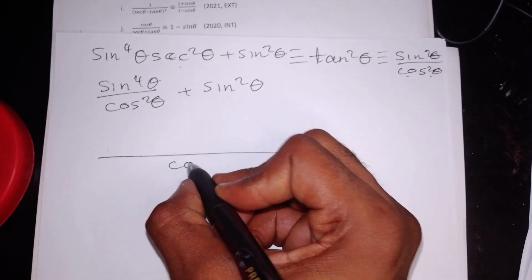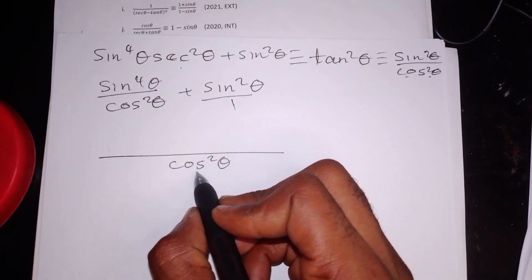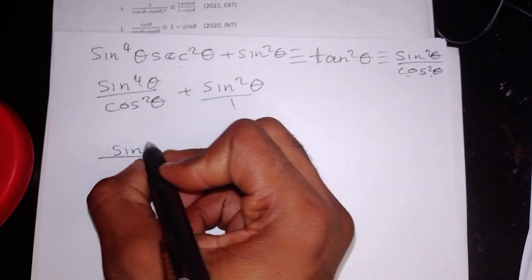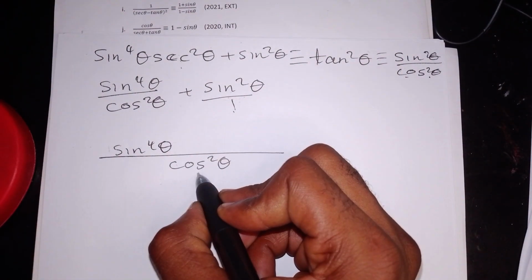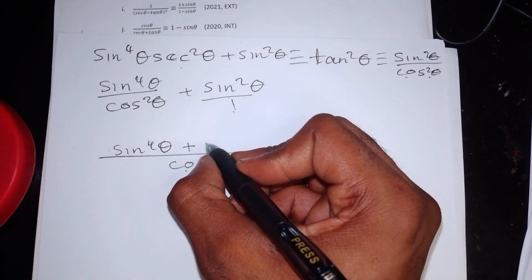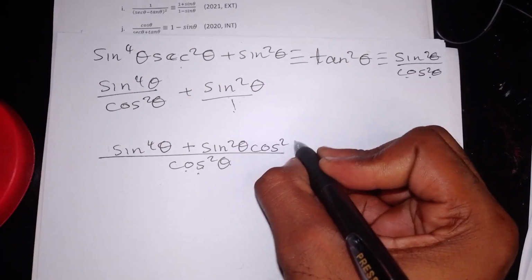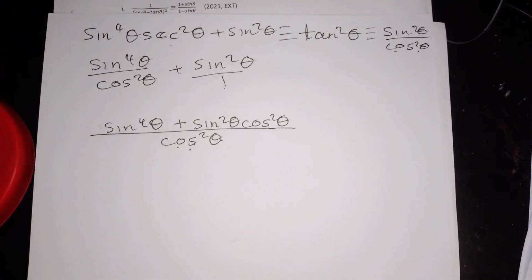So the common denominator is cos squared theta. In this into this, you have 1 multiplied by that, you have this into this, we have cos squared theta multiplied by that, we have sine squared theta cos squared theta, like this.